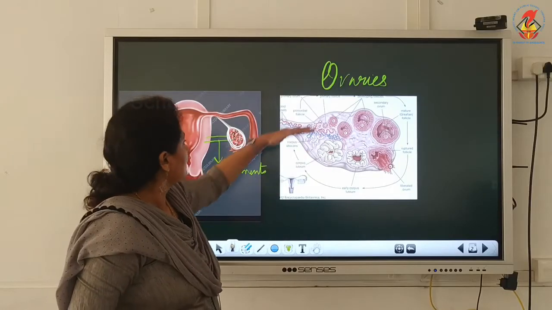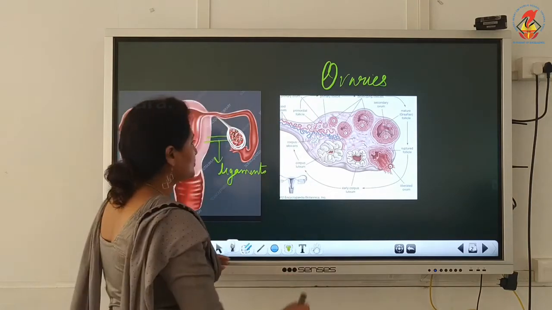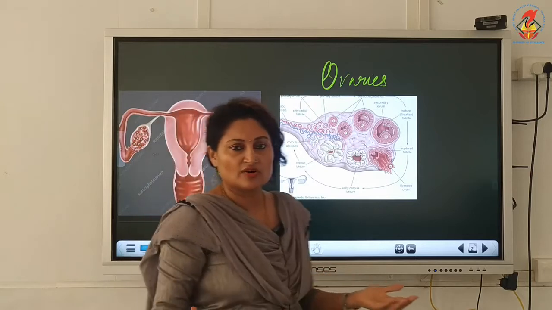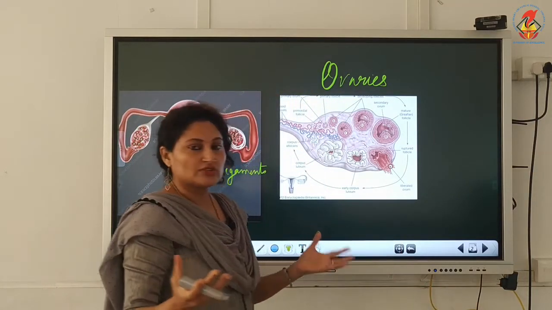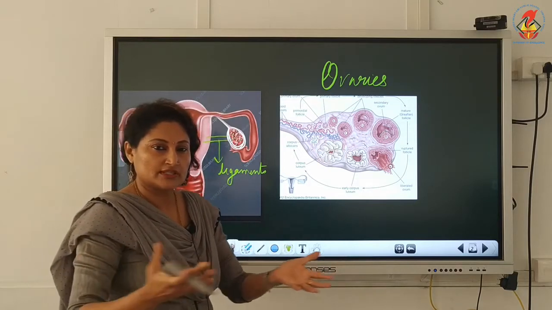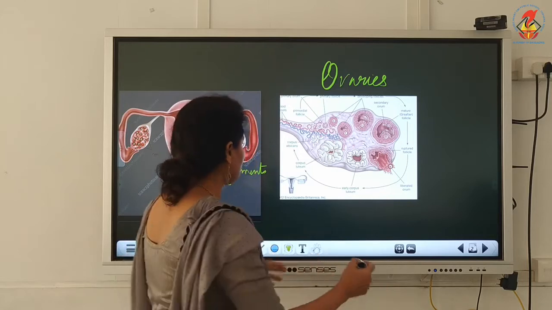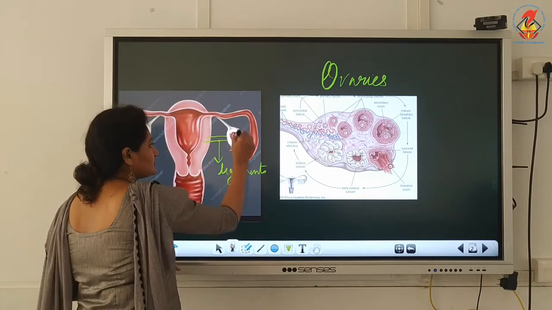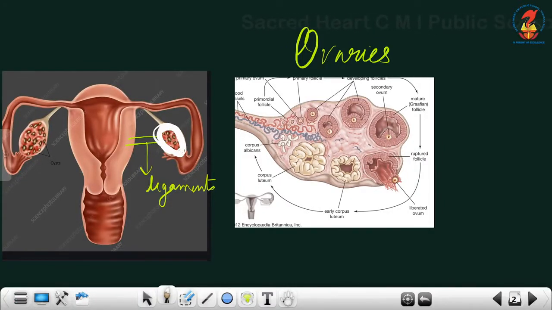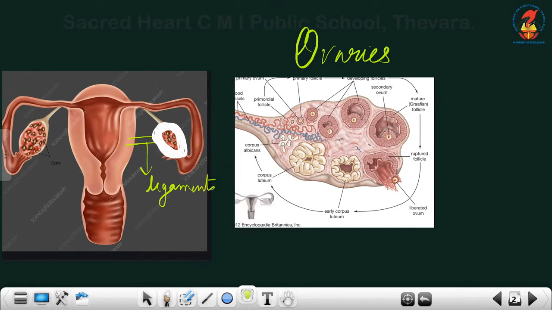Okay, now this ovary is divided into two zones. Most of our glands or most of our organs, like adrenal glands or pituitary, are divided into two zones: outer cortex, inner medulla. So same way it is divided into outer cortex, if I am highlighting this as cortex, and inner medulla.